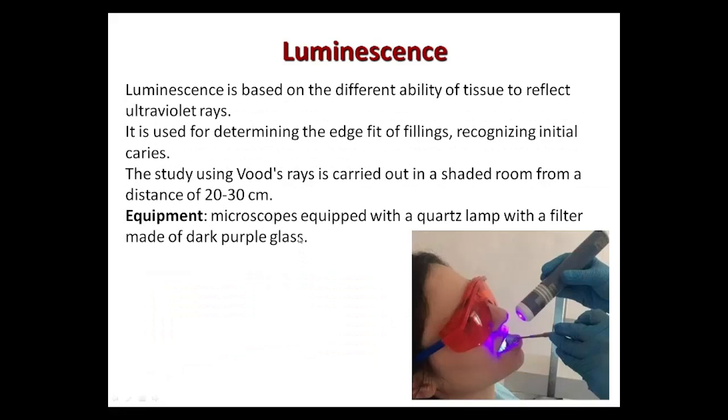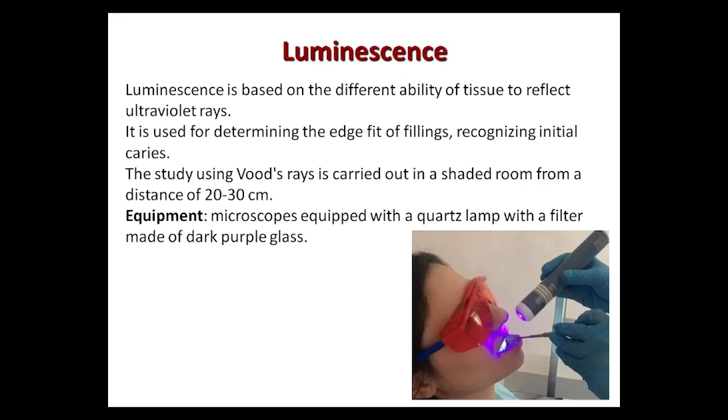Next method is luminescence. Luminescence is based on the different ability of tissue to reflect ultraviolet rays. It is used for determining the age of fillings, and recognizes initial caries.